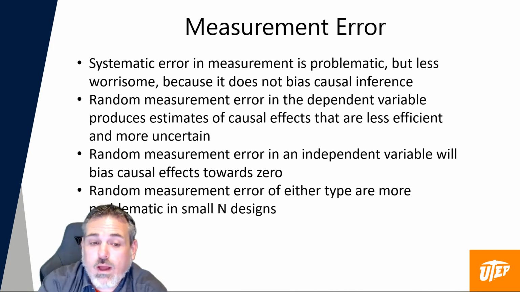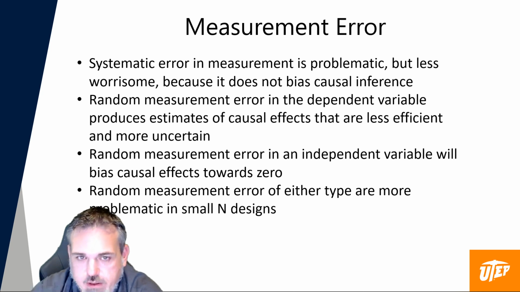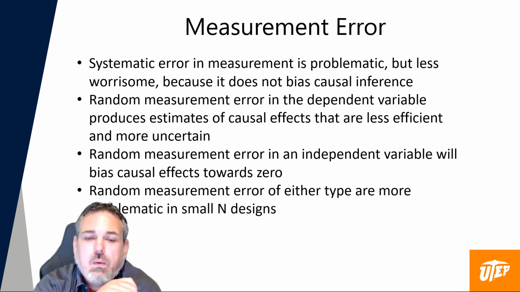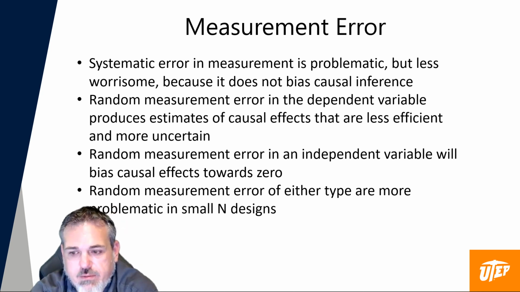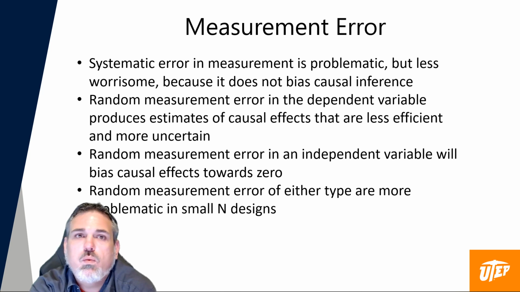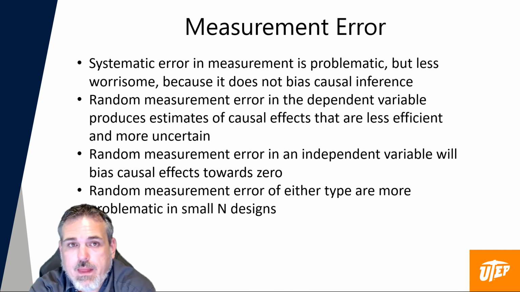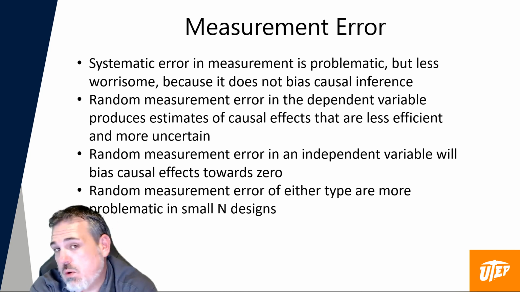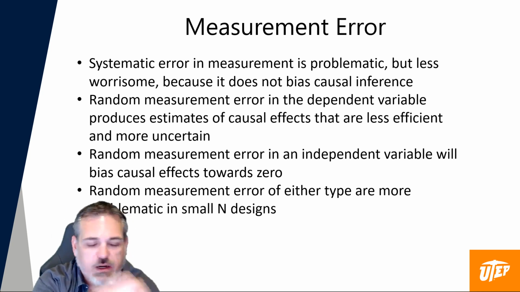Now, in quantitative research, large N research, when we have random measurement error in the independent variable, it's a problem. When we have random measurement error in the dependent variable, it's a problem. But with large enough data, those problems get absorbed into control variables or modeling techniques.